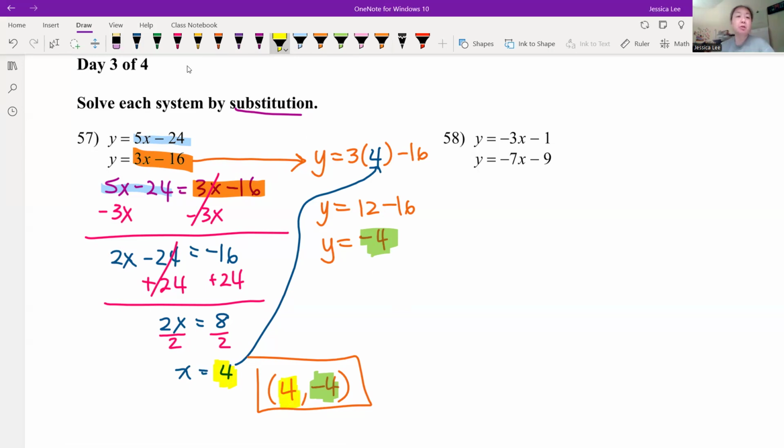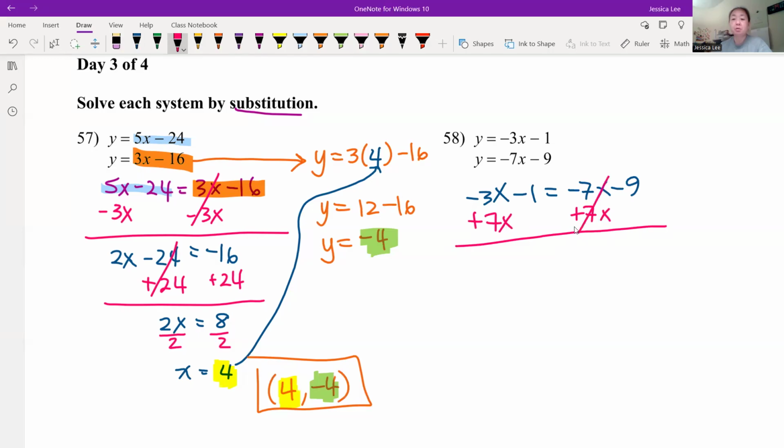All right, we're going to do the exact same thing for 58. So -3x minus 1 is equal to -7x minus 9. And again, we're going to put the x's together by adding 7x to both sides. If you wanted to add 3x to both sides, you totally can do that.